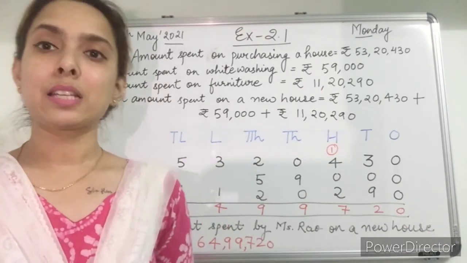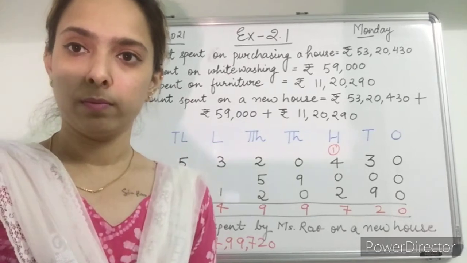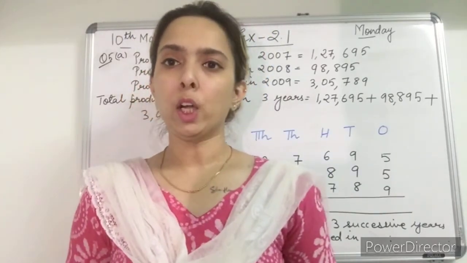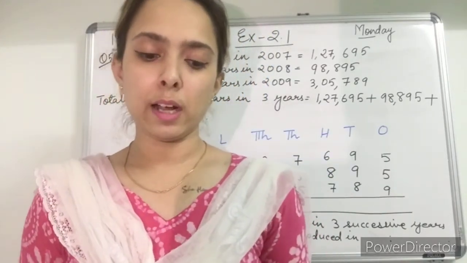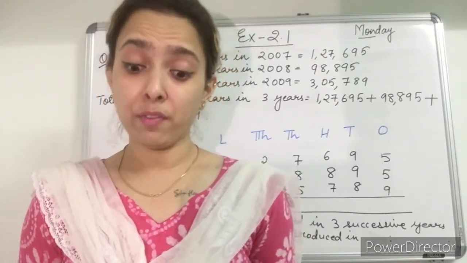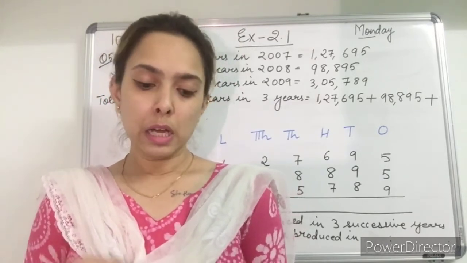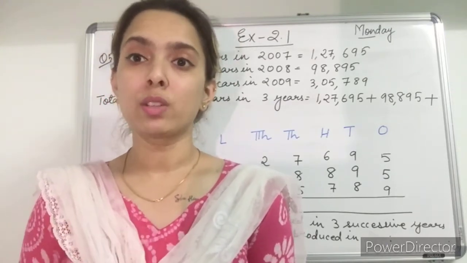So students, let's come to the next part, which is B part. Now the next question, B part of question number 5. The question is, a car company produced 1,27,695 cars in the year 2007. So the company has produced these many cars in the year 2007.